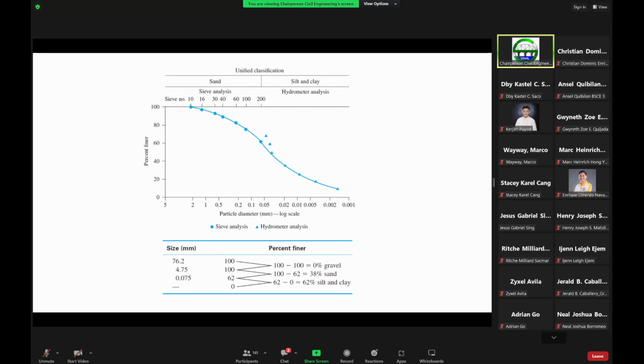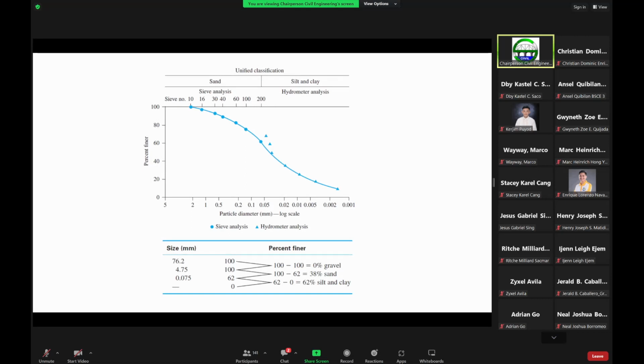So after we have the grain size distribution curve, we can also try to derive the percent gravel, the percent sand, as well as the percent silt and clay.